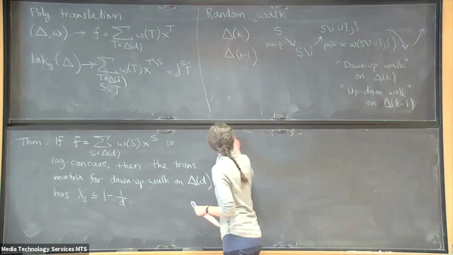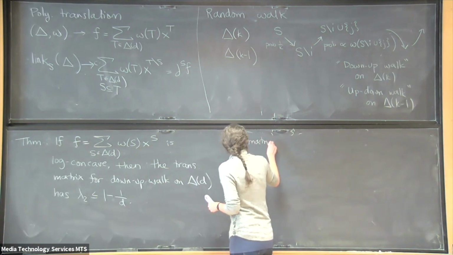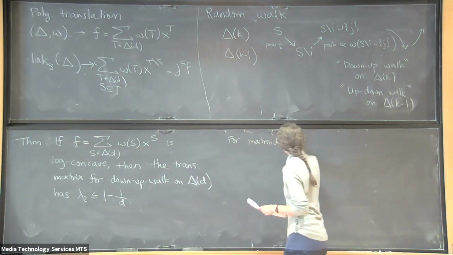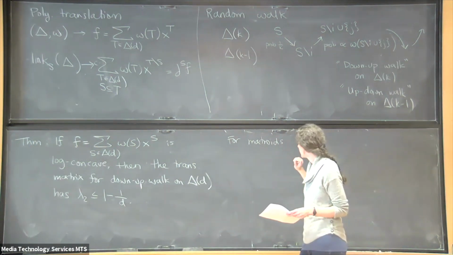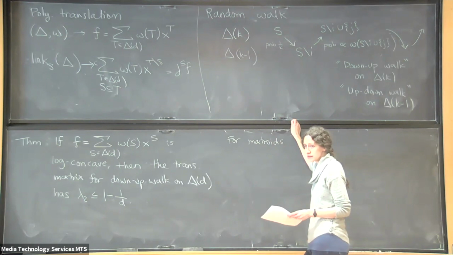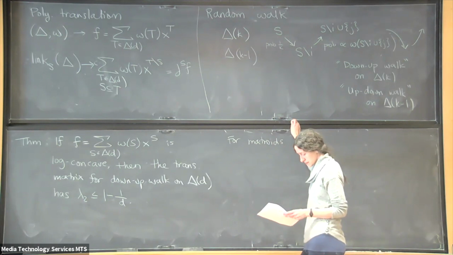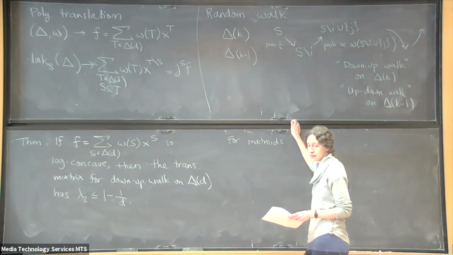So for matroids, our previous example was a simplicial complex, which is just a tetrahedron, going on its vertices, and then we switched to going on its edges, like this.